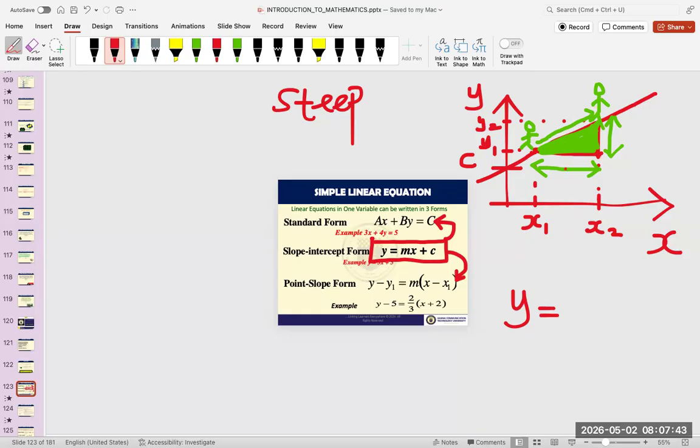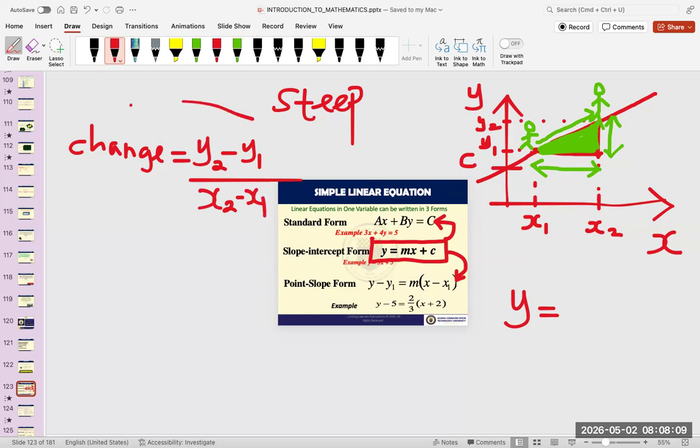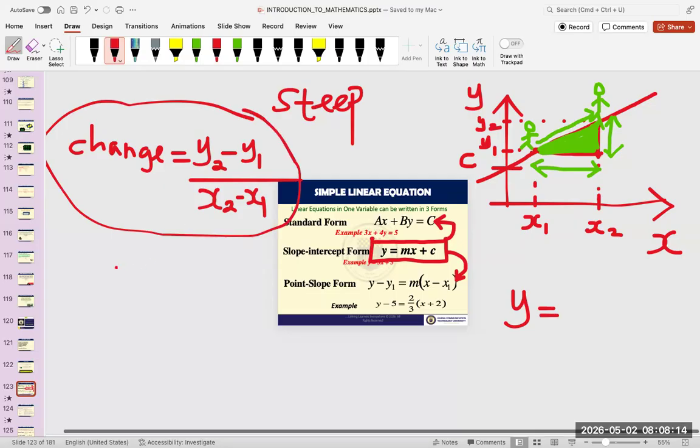So the actual change will be y2 minus y1, the vertical, divided by x2 minus x1. And this is what we learned last week, that whenever you do this, you can use this letter to represent it: M. M is the slope.